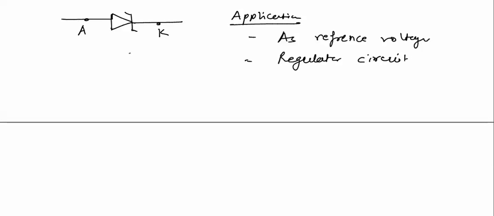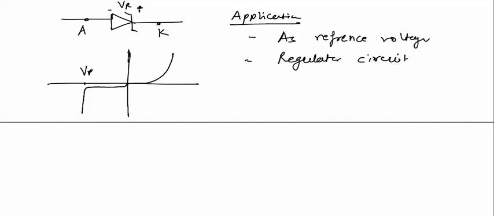Now the VI characteristics of this Zener diode will be like this. In forward bias it will operate like a normal PN junction, and in reverse bias the voltage across the diode VR will increase with the supplied voltage up to a certain value, that is VBR.